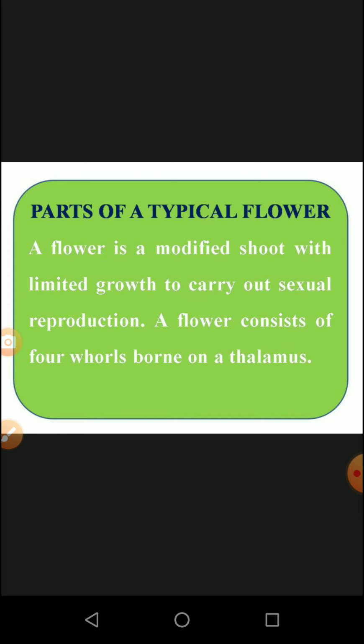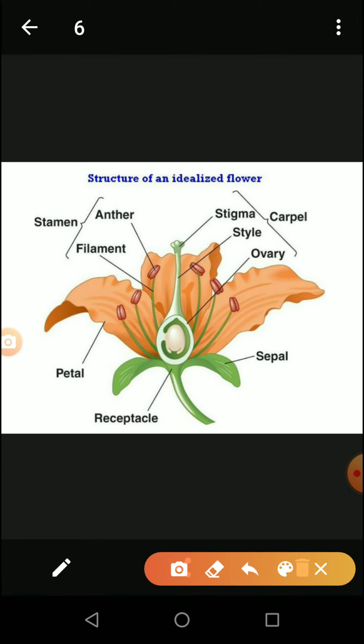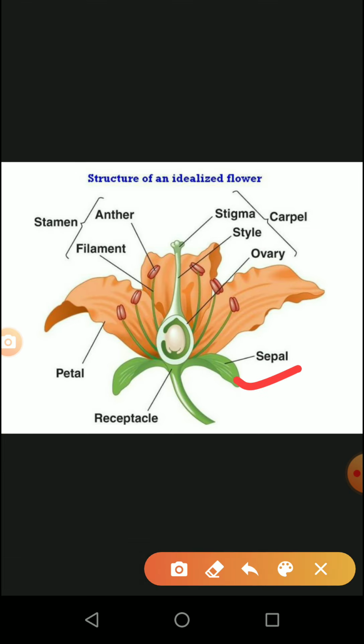Androecium and gynoecium, we know very well, are the essential whorls that carry out reproduction in flowering plants. And we can see the structure of an identified flower. The flower consists of four parts: the green structure is called sepals or calyx; the colorful part is called corolla or petals; the dot-like structure is called stamen or androecium; then the large one is the pistil, in the form of gynoecium.